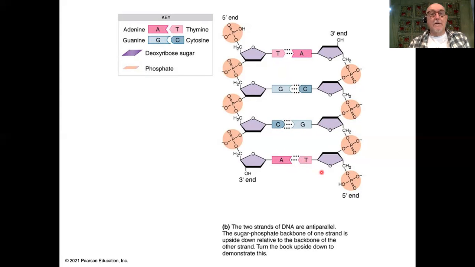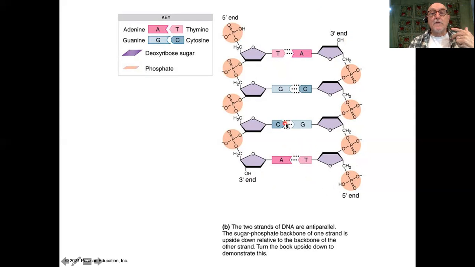But look how they run. We've got 5' to 3' here, and we've got 5' to 3' there. This strand, if you want to think of it, is upside down in relation to that strand. That is what we mean by saying it is anti-parallel. That's the only way you can put these bases in, because they have to bond.